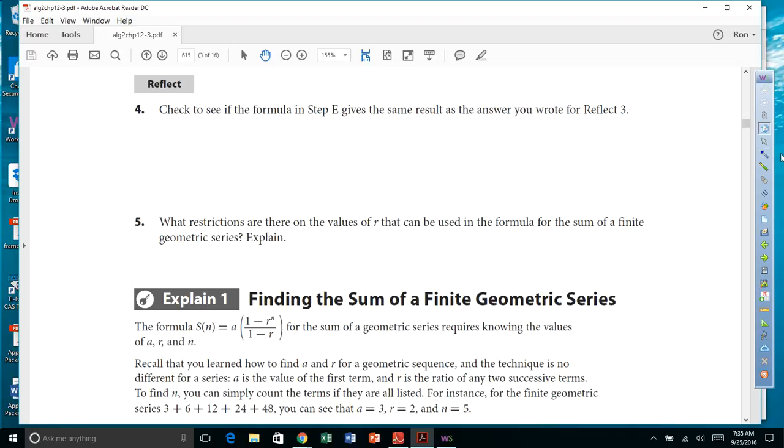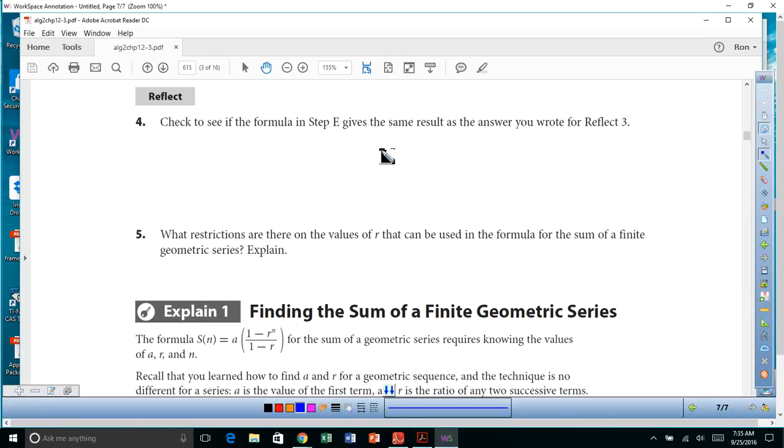Okay, so what is a? A is 1/2. R was 1/2. So s of n equals 1/2 times 1 minus 1/2 to the n over 1 minus 1/2.